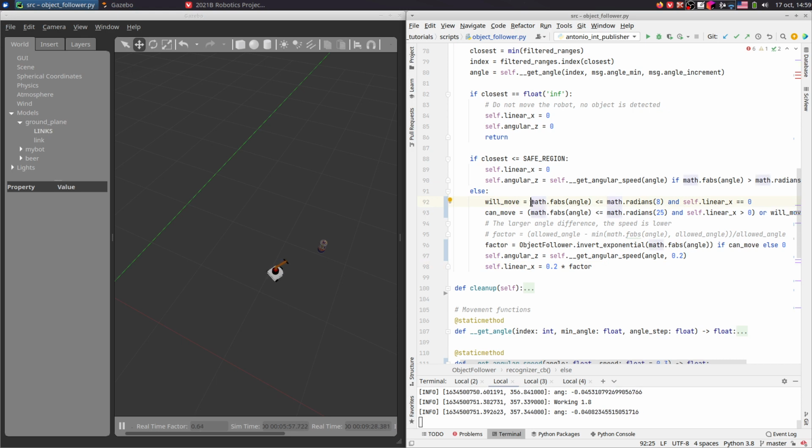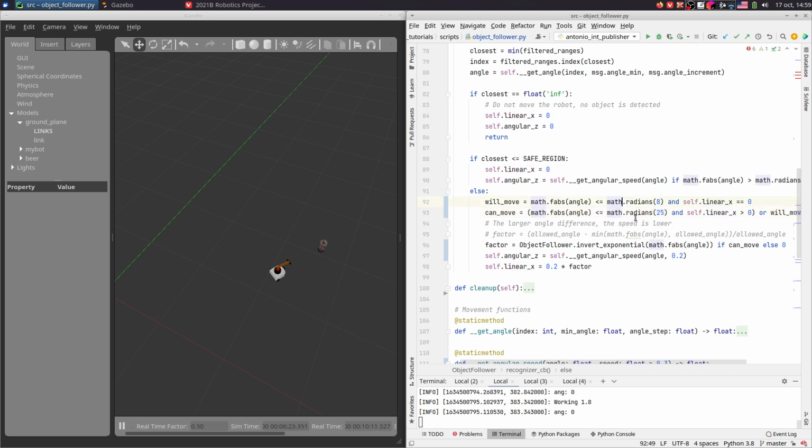If the robot was frozen, as was the case, and the robot direction does not differ by more than 8 degrees, the robot will move. It means that it was frozen and will start moving. And related to whether we can move the robot, it means that we were already moving. As you can see here, the linear X is greater than 0, but we have more tolerance, that is our radius, that should be less.